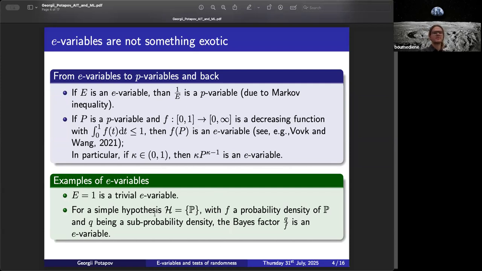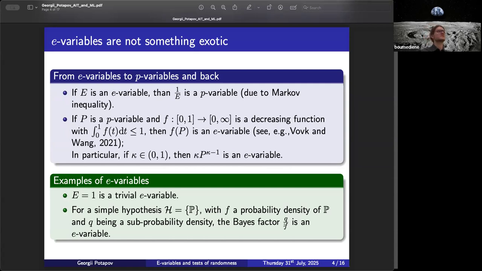And e-variables exist. We always have some trivial e-variables, like any constant between 0 and 1. And for simple hypothesis, we have such a non-trivial example. So suppose we have density f of our distribution and we have another subprobability density q.